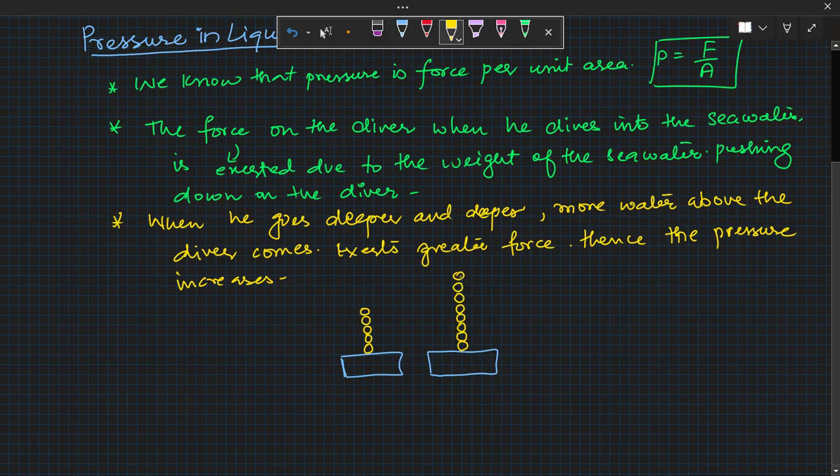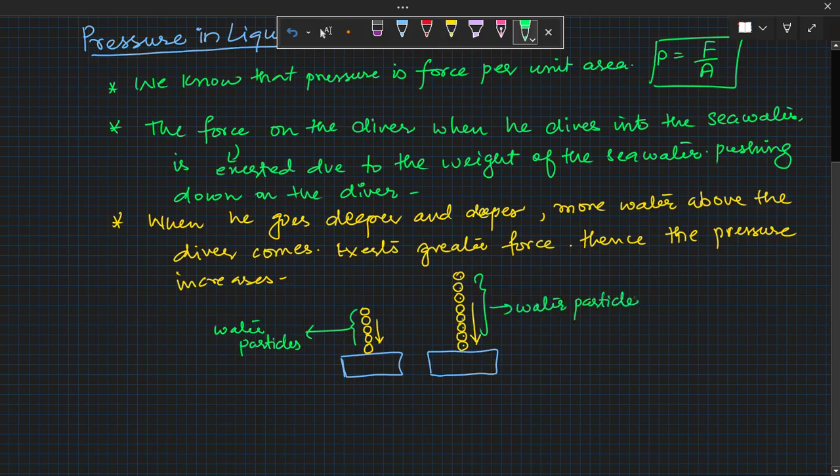So these eight particles will make greater force together, and these five particles will make lesser force together on the block, right? Now, if I say these are the water particles, and these are also water particles.